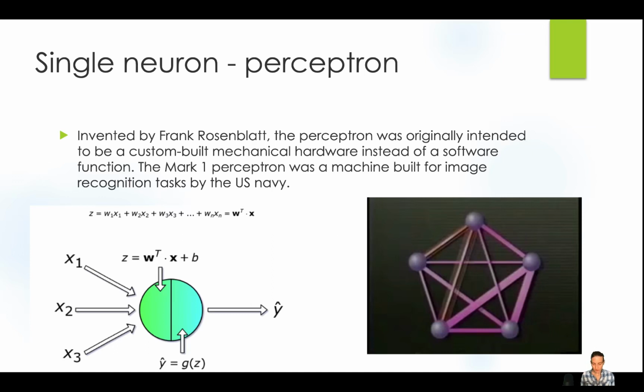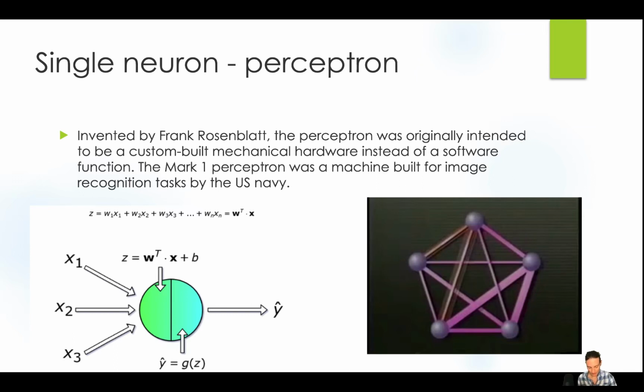Okay, so each neuron, which is a ball in the previous figure, each neuron's output is formed as a linear combination of all its inputs. Okay, then this linear combination is put through an activation function g to form the actual output of the node. Okay. What does this mean?